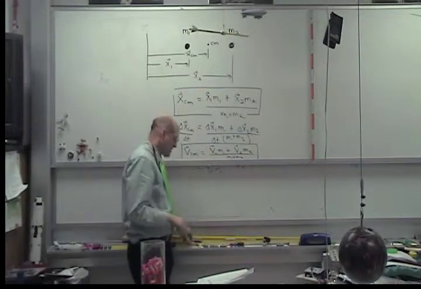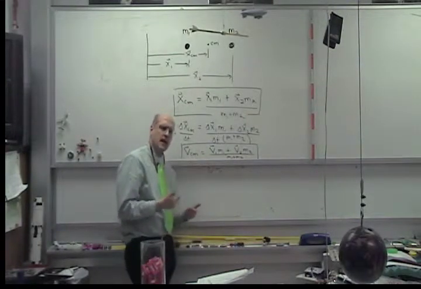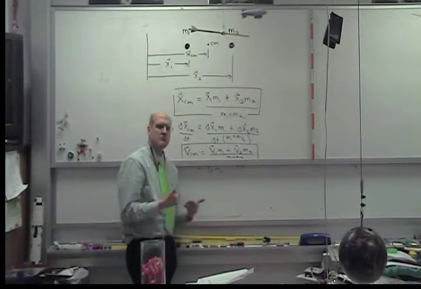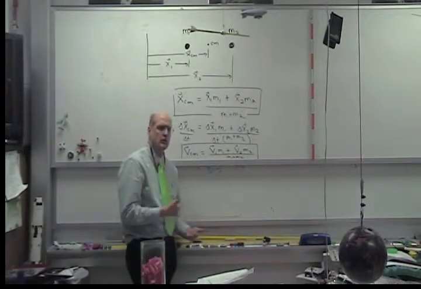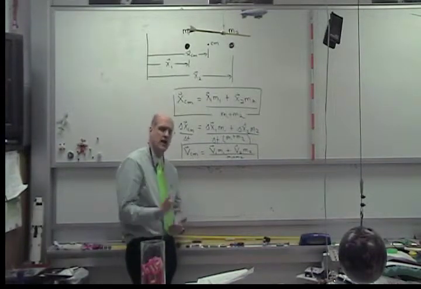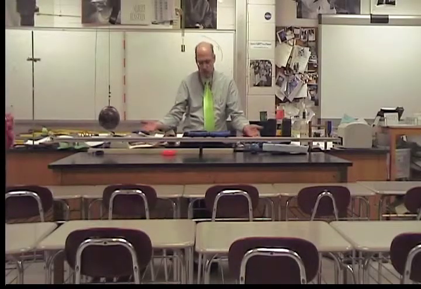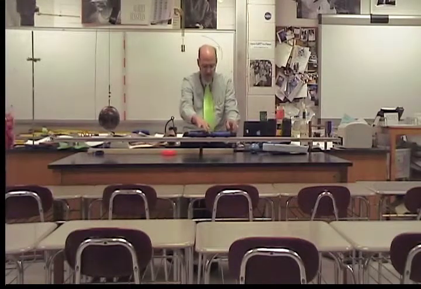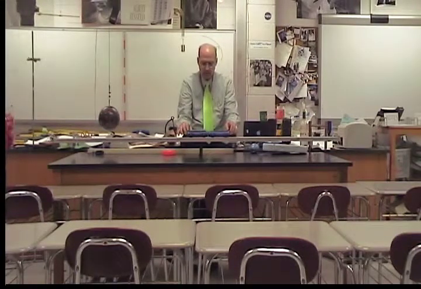Now, as long as there are no net external impulses, the center of mass will keep on doing what it's doing, either at rest or traveling at a constant velocity. Here we have a track that's balanced right here, and I have two carts of unequal mass on top of the track.